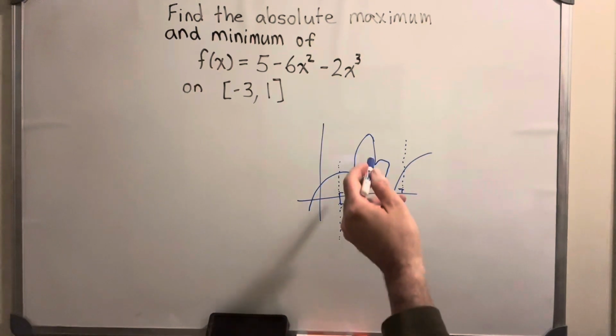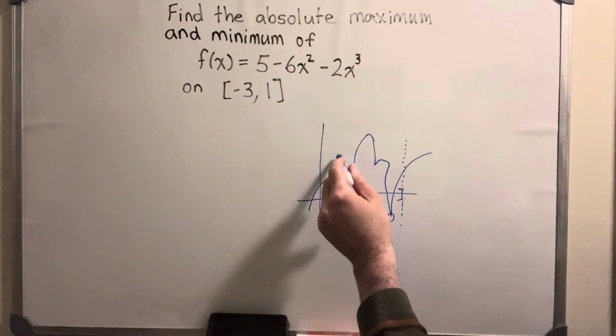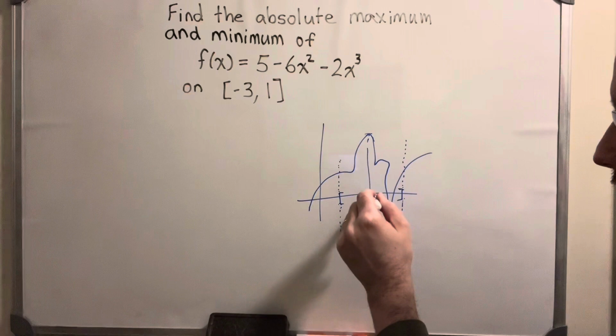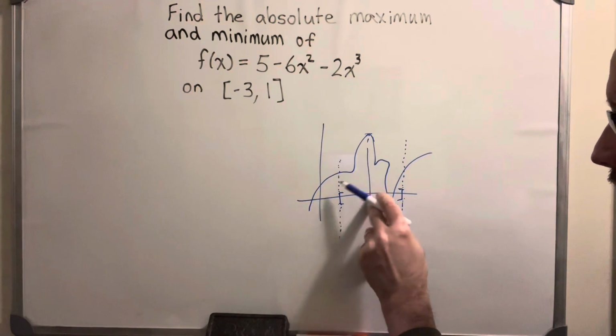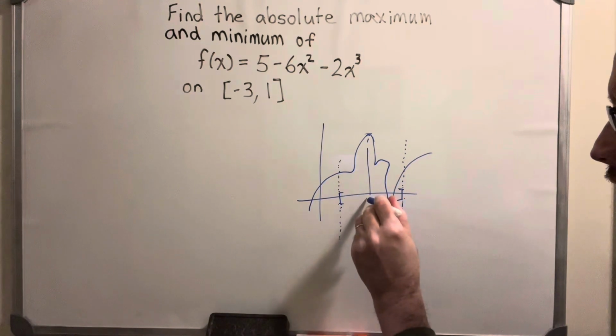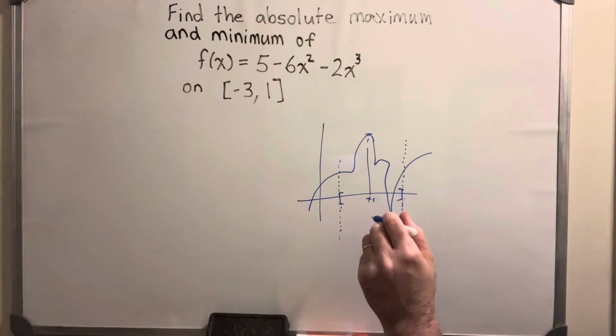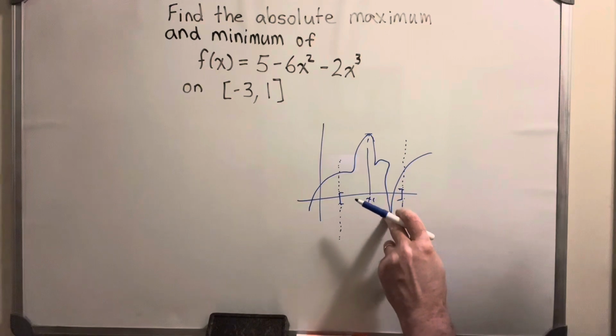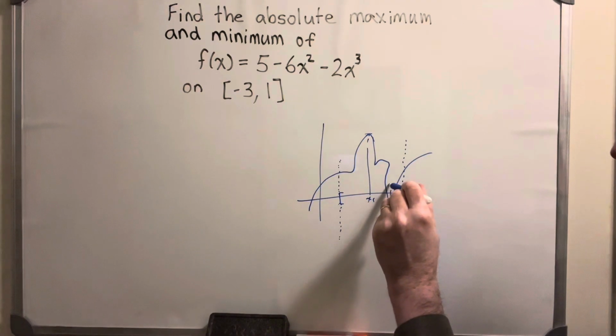So by looking at this, you can tell that on this interval, the highest point it ever gets is this value of x, call it x1. And the lowest it ever gets is this point right here, call it x2.